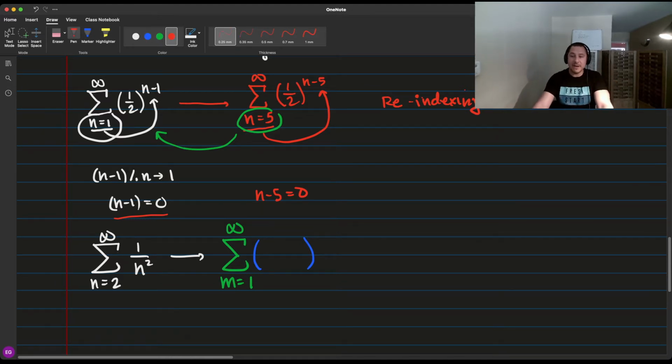When I plug in my first value of 2, I get 2 squared, right? So now I'm wondering, what am I going to have to do here to get it? When I plug in m equals 1, I get 2. So first of all, you can notice you can start with your m equals 1, and you can move the 1 over and you get m minus 1.